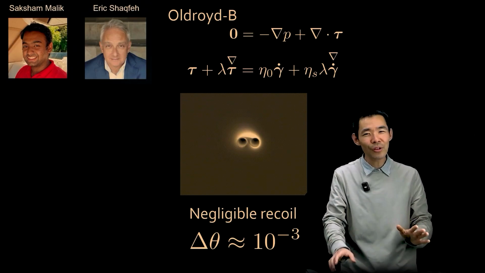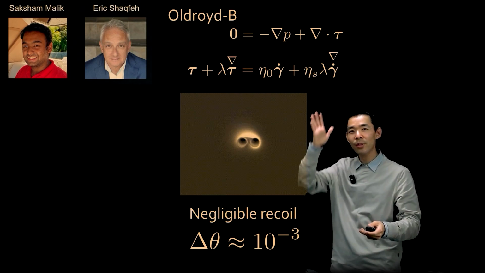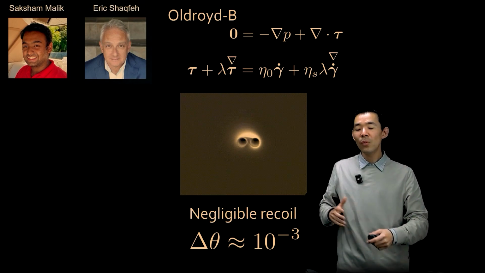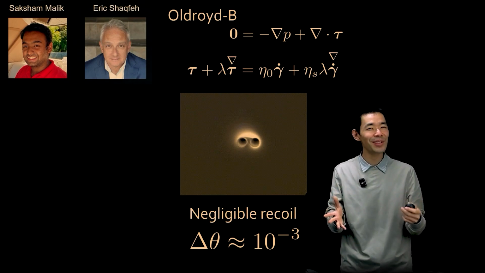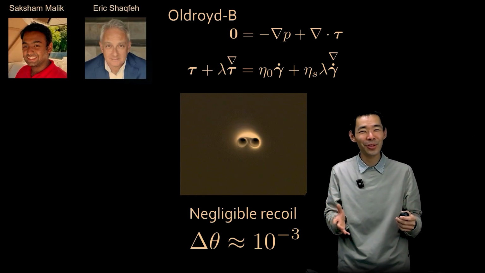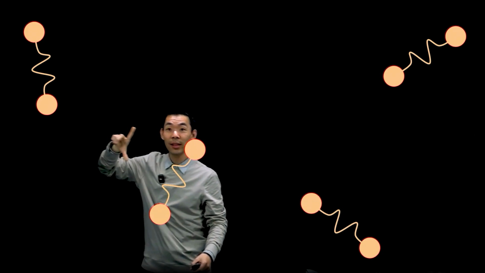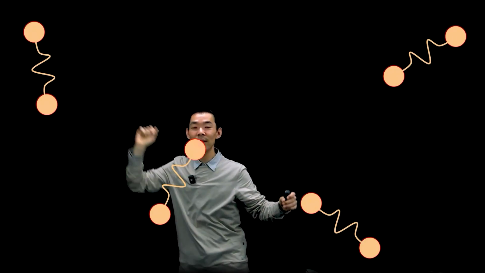Well, you can definitely do that, but at this stage, going through this example calculation, we start to notice major deficiencies in standard constitutive equations. For example, most constitutive equations assume a uniform distribution of polymer chains inside the fluid. The stretch and the conformation could vary spatially, but the center of mass of each of these chains is uniformly distributed and homogeneous throughout the system.